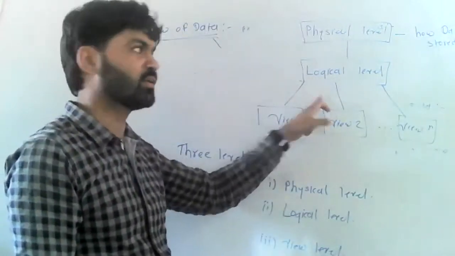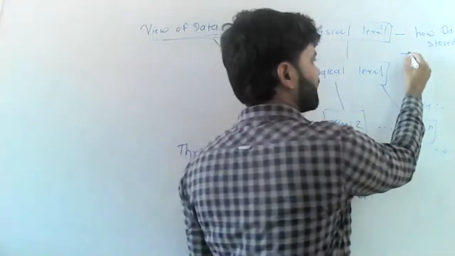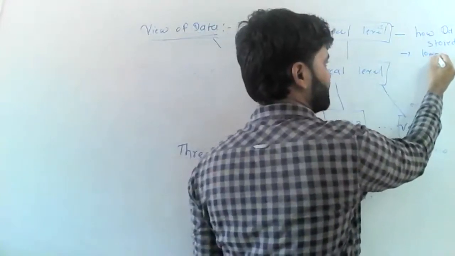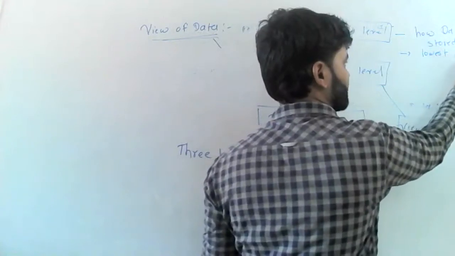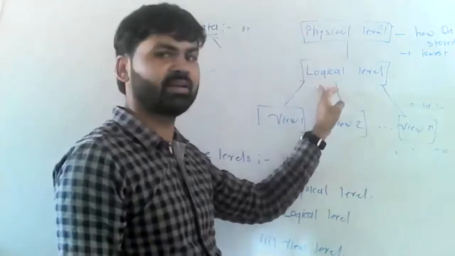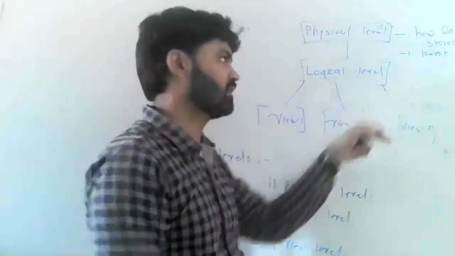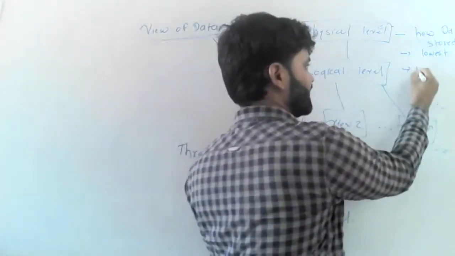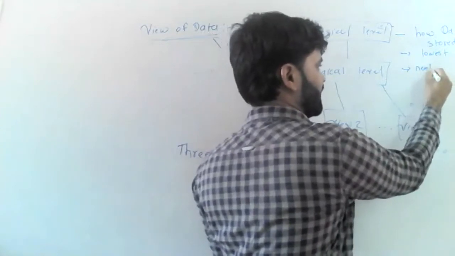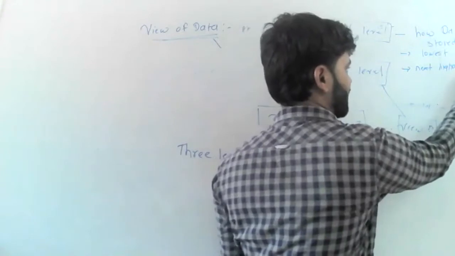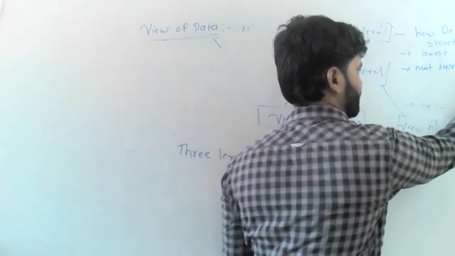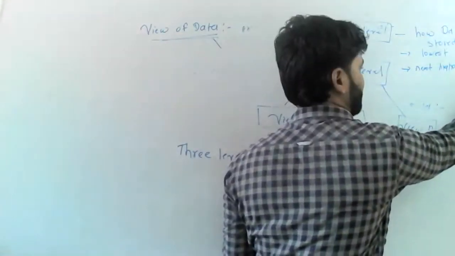The physical level is the lowest level. Then after the physical level there is the logical level, the next higher level than the physical level.